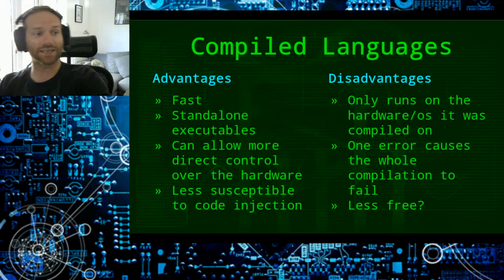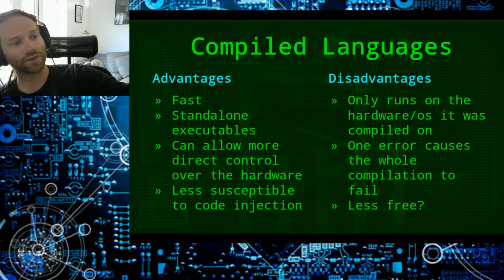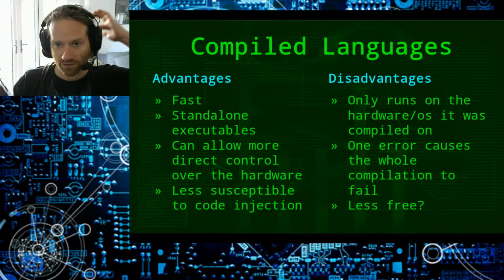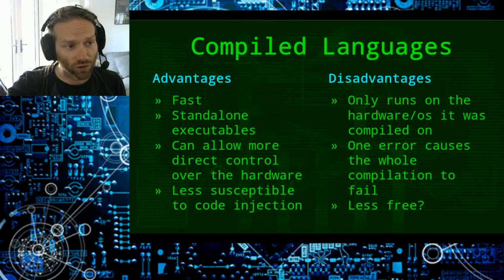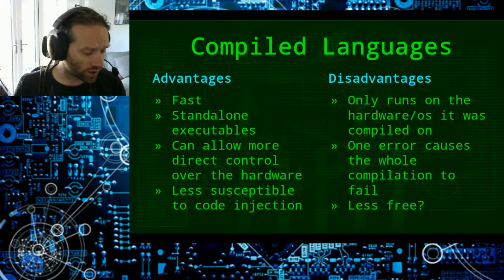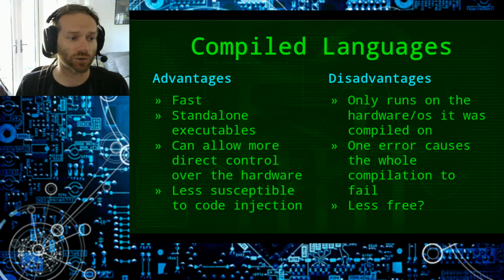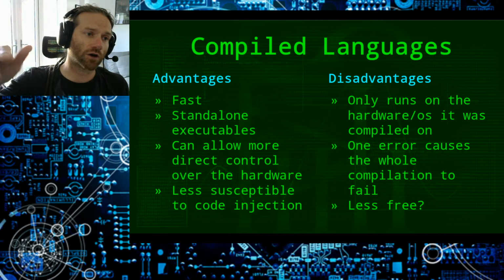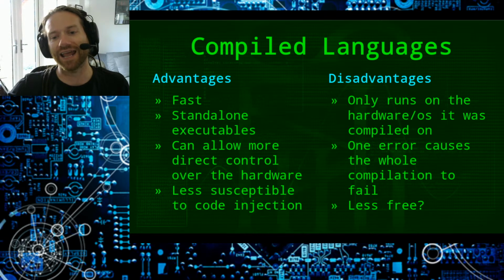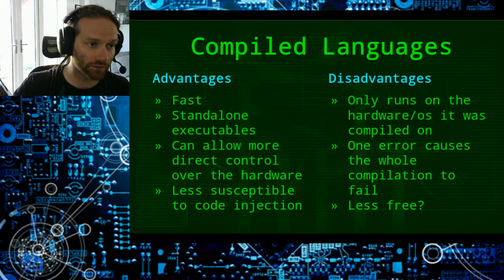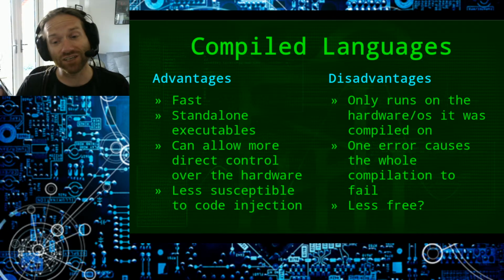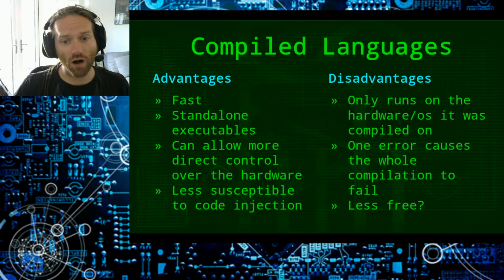And then the operating system is saying to the hardware, cool, we got this done. So you're sort of going round the houses there. That's not the case for all compiled languages. It depends what operating system they're running on. It depends what it is that you're trying to do. But generally speaking, you've got more chance of directly accessing hardware with compiled languages than you do with interpreted languages. And that is another reason why they're fast.